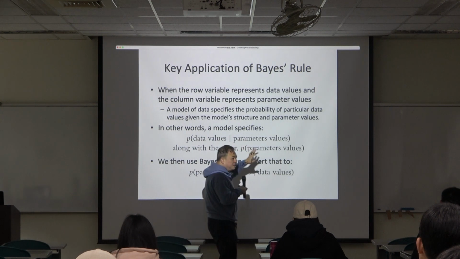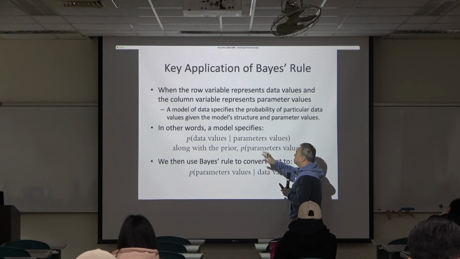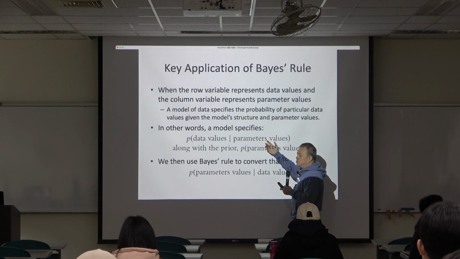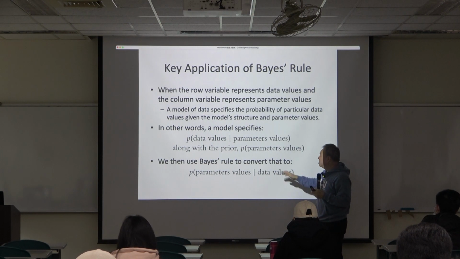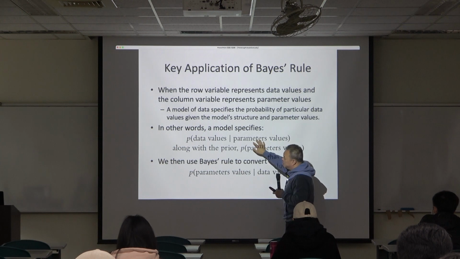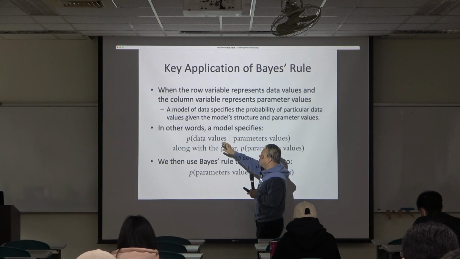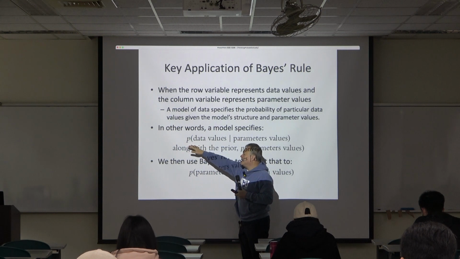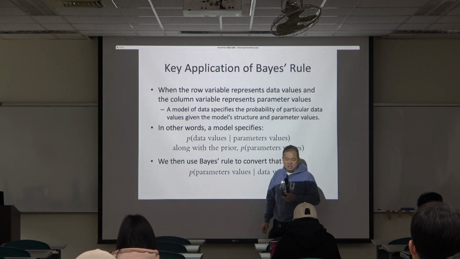You are given certain parameters, because you already have the model. So given certain parameters of that model, and the probability of the data you collected, these entries are given.